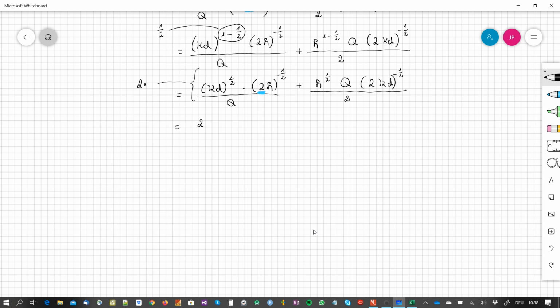So I multiply the term by 2, and I rearrange a little bit so I can work here with this.